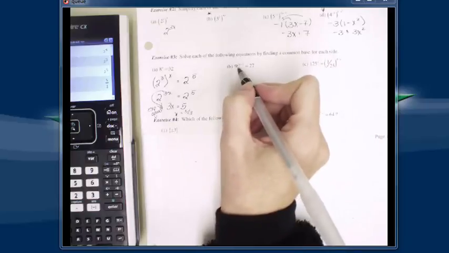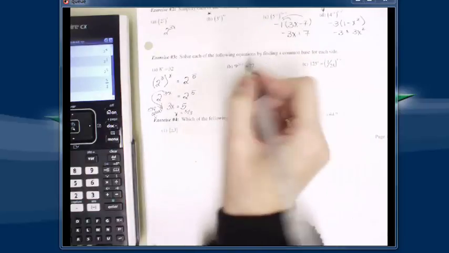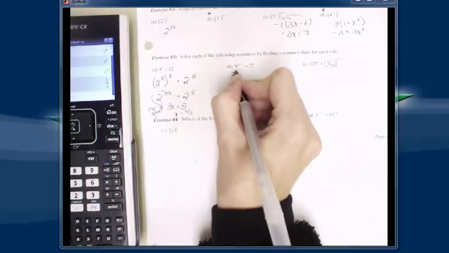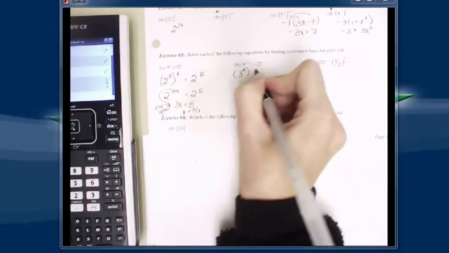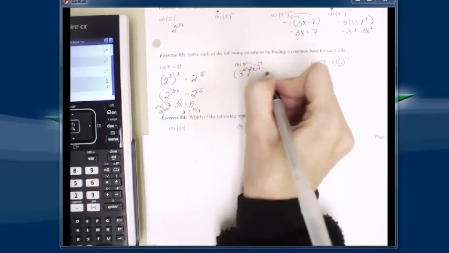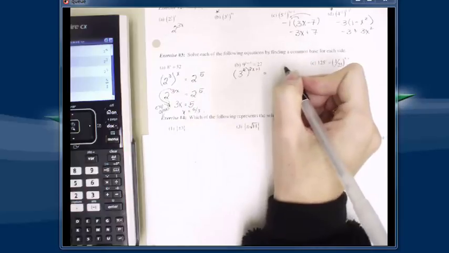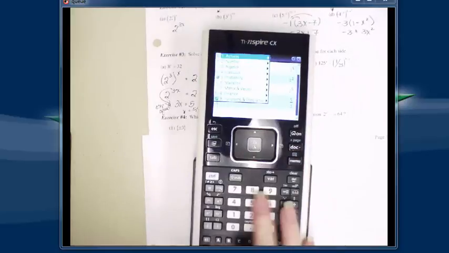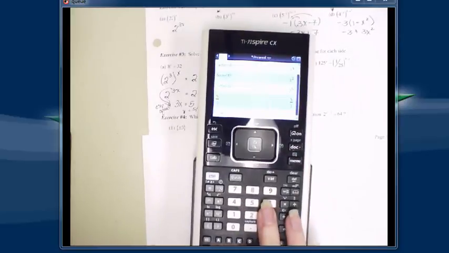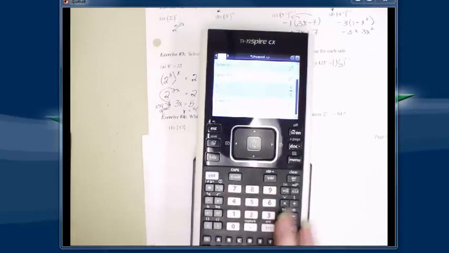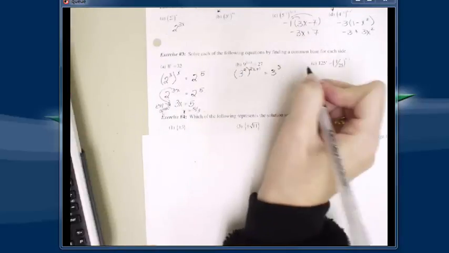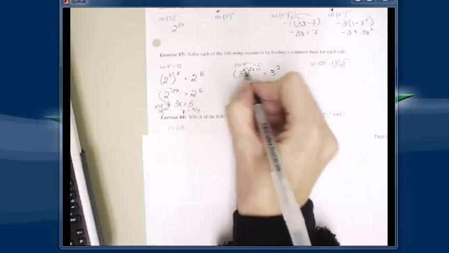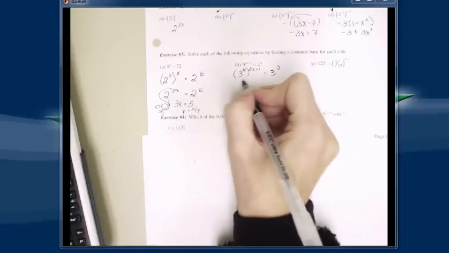9. Put that in the factor button, or know that that's 3 squared. Factor 27. So I'm over here, menu, number, factor 27, 3 cubed. Now, like we did in exercise 2, distribute this.